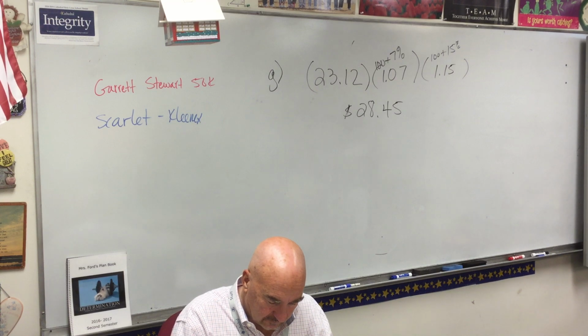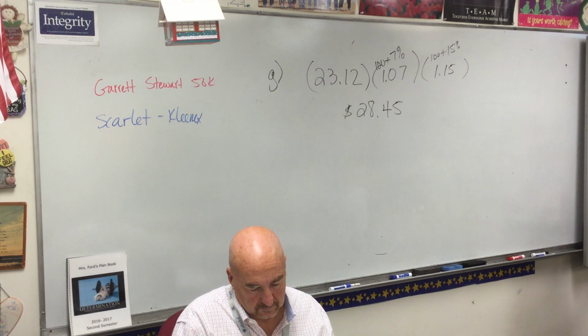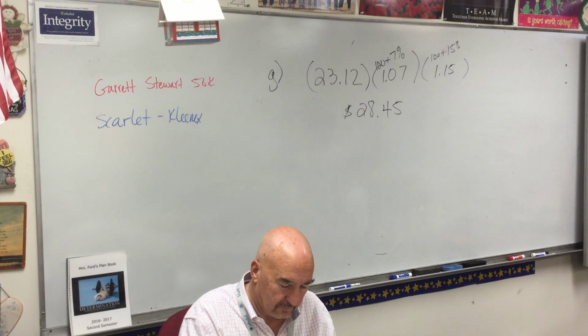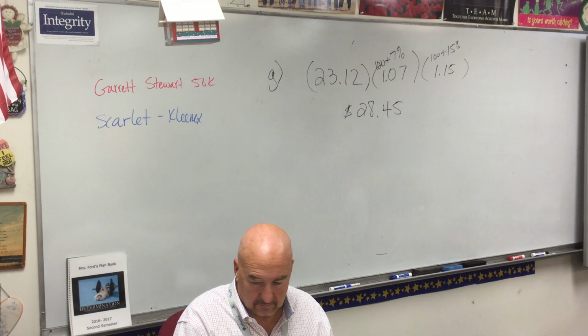Because that's 100 minus 30, which is 70, 0.70. So when it's a discount, if you're taking something off the price, it's 1 minus the percent. If you are adding on like a tax or a tip, then it is 1 plus the percent. Okay? 1 minus if it's coming off, 1 plus if you're adding it on.